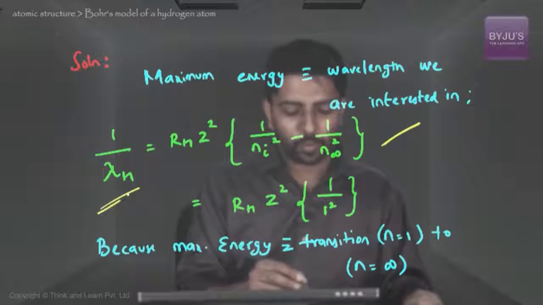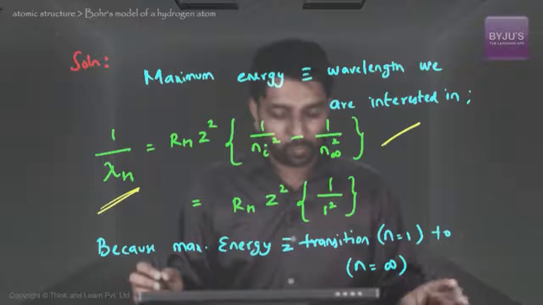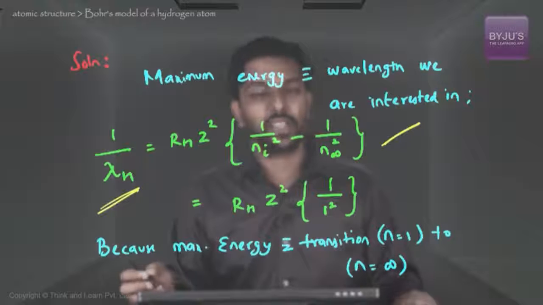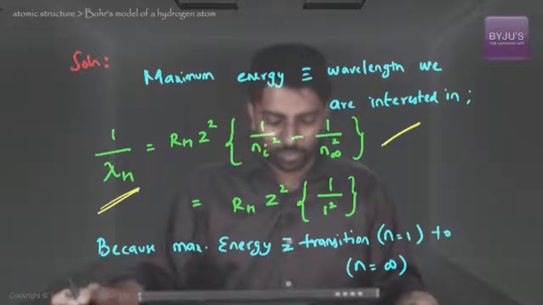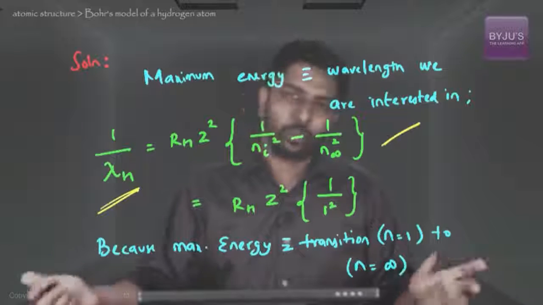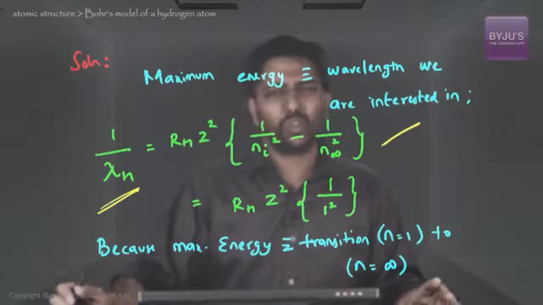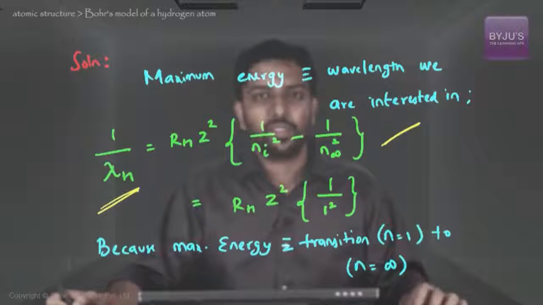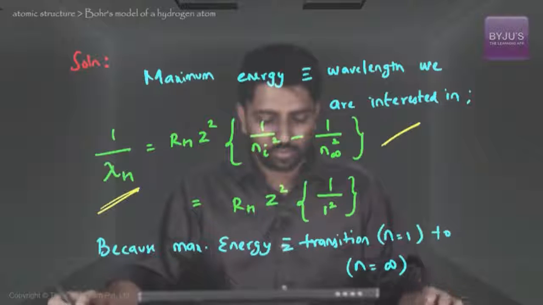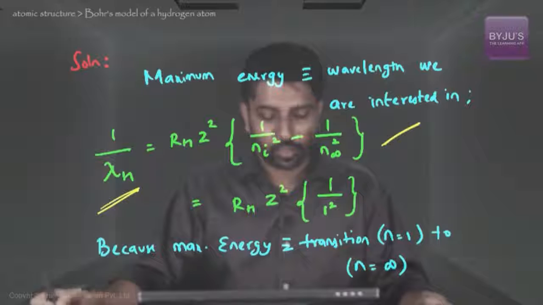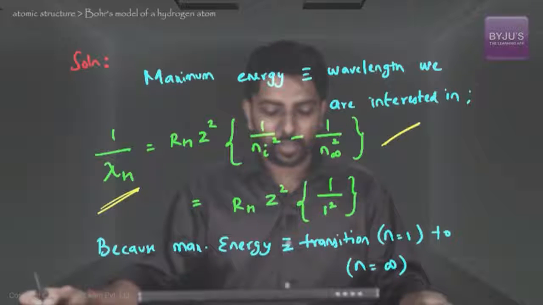So we have the wave number, or the reciprocal of lambda. I'm using lambda subscript H for hydrogen and lambda subscript He for helium, which we will come to later. So 1 by lambda H equals RH, which is Rydberg's constant, 109,677 per centimeter, is that not the value? So RH times Z squared, the whole thing multiplied by 1 by ni squared minus 1 by n infinity squared.